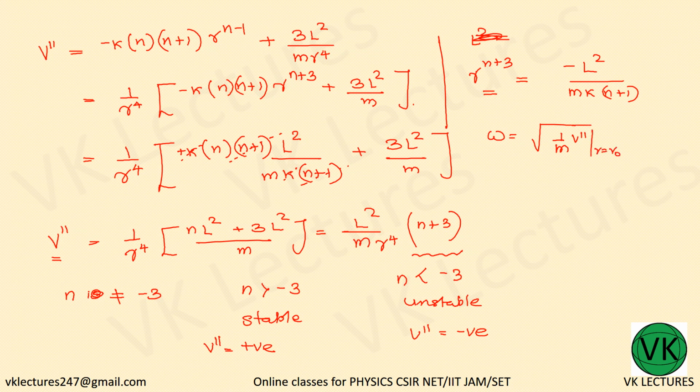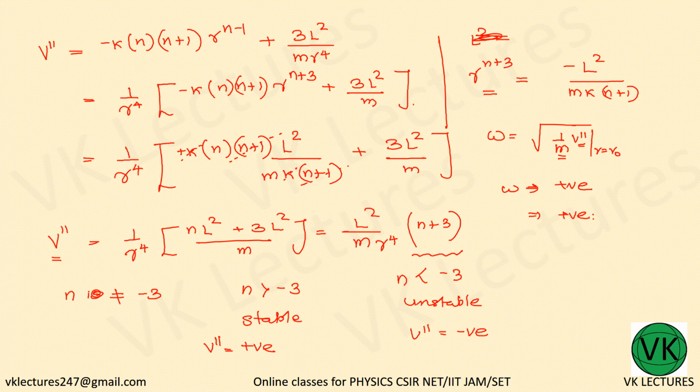Since omega is the frequency, it is always positive, and this root has to be positive again. This cannot be negative because we cannot have an imaginary frequency. So imaginary value of frequency is not possible. That's why v double dash has to be positive, because m cannot be negative.